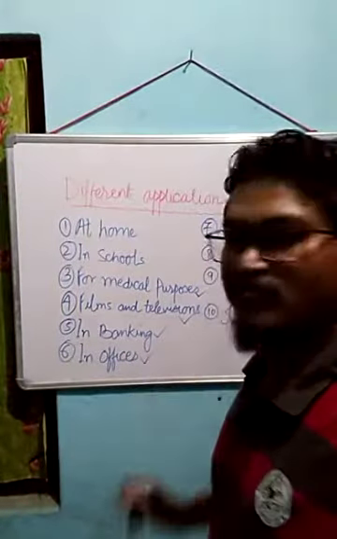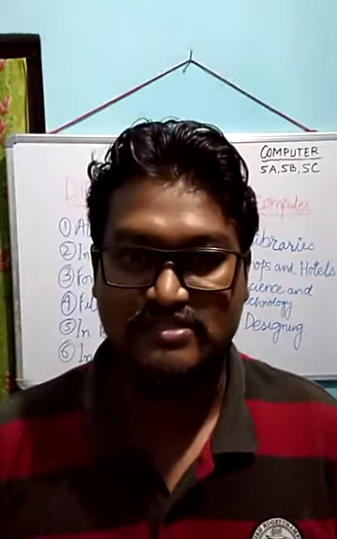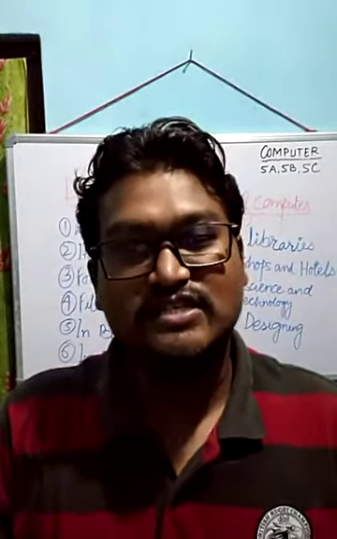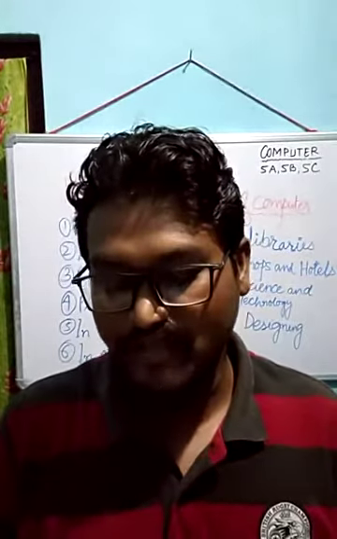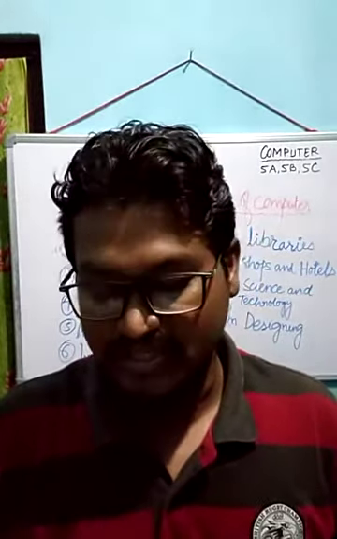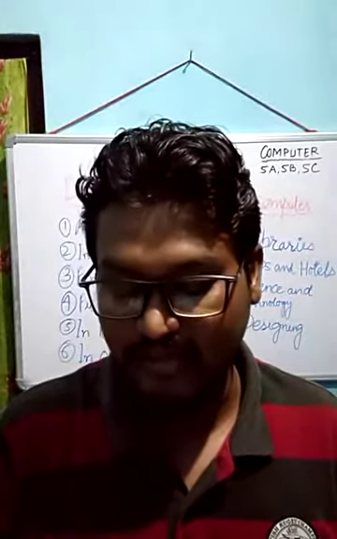Next is in offices. The sixth point is in offices. In offices, computers are used in different ways: for preparing the documents, to maintain employees' personal and salary records. Many things are given in the book.